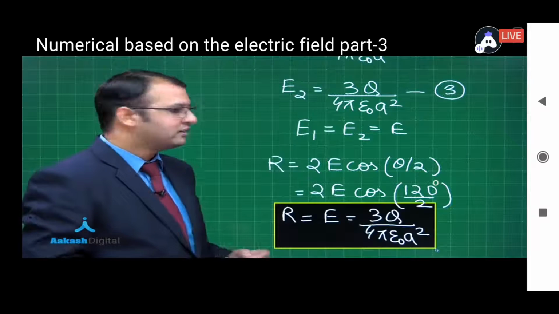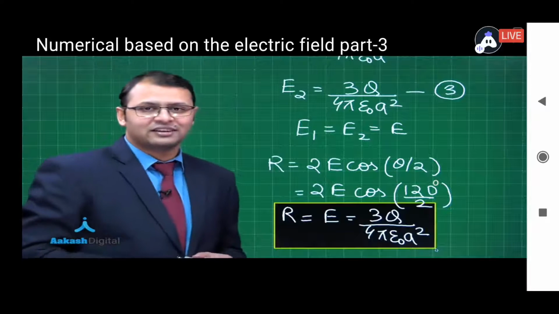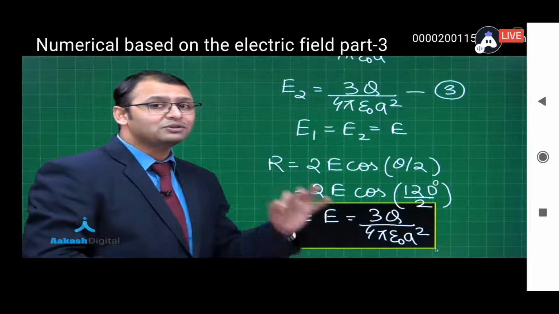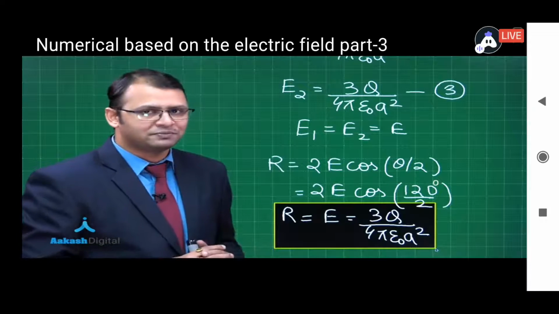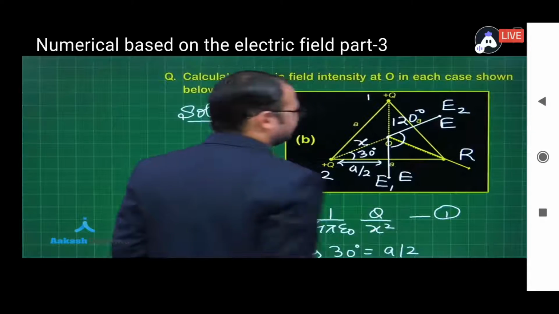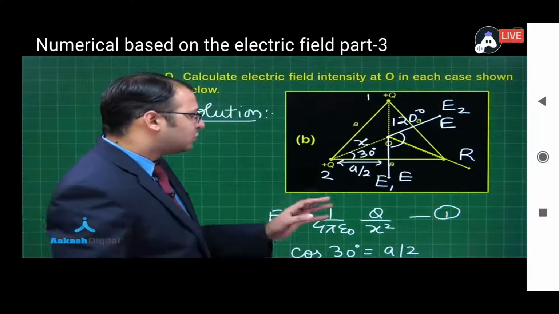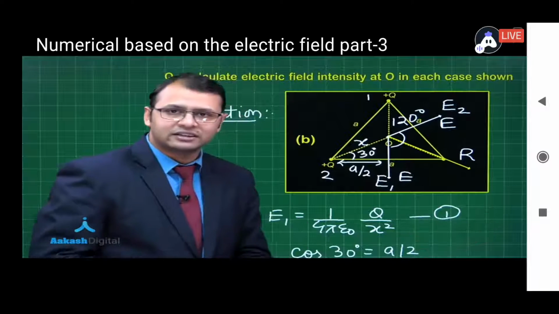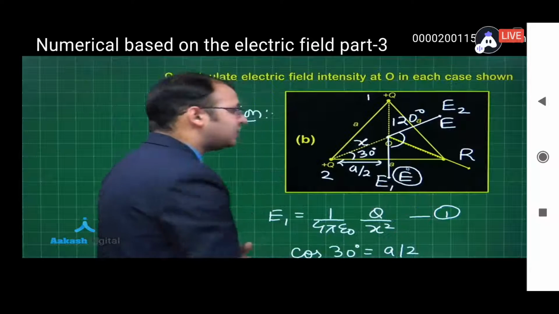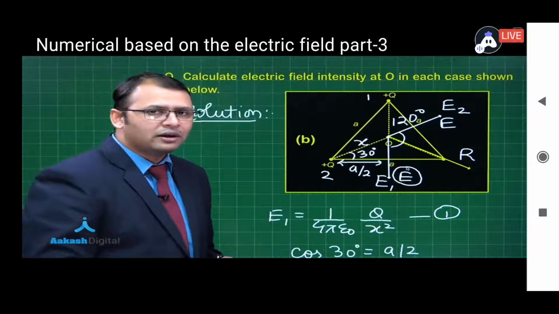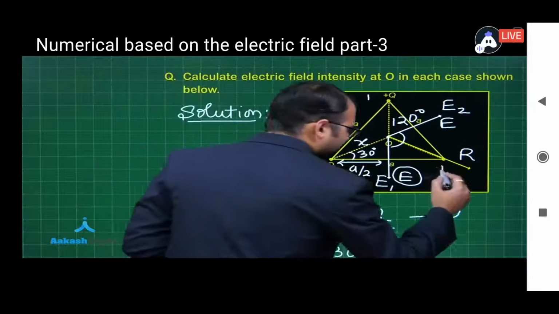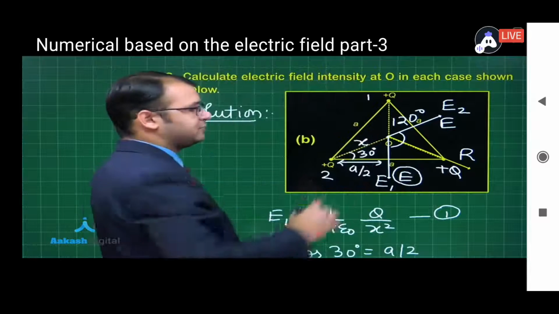This is a pretty simple application you have to understand. But this question was a pretty big one. I have a shortcut trick for you. The same question can be solved with the help of a shortcut trick. What is it? Let's go back to the question. In this question, you find that the resultant electric field is here, and it was similar to this value of E. Let's place a plus Q charge here, the same charge.